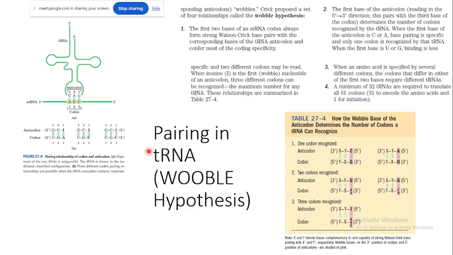So that is one of the reasons for codon degeneracy, where the same tRNA can recognize three different codons, and as the tRNA is the same, it will carry the same amino acid. So these three different codons encode the same amino acid as the tRNA is the same.